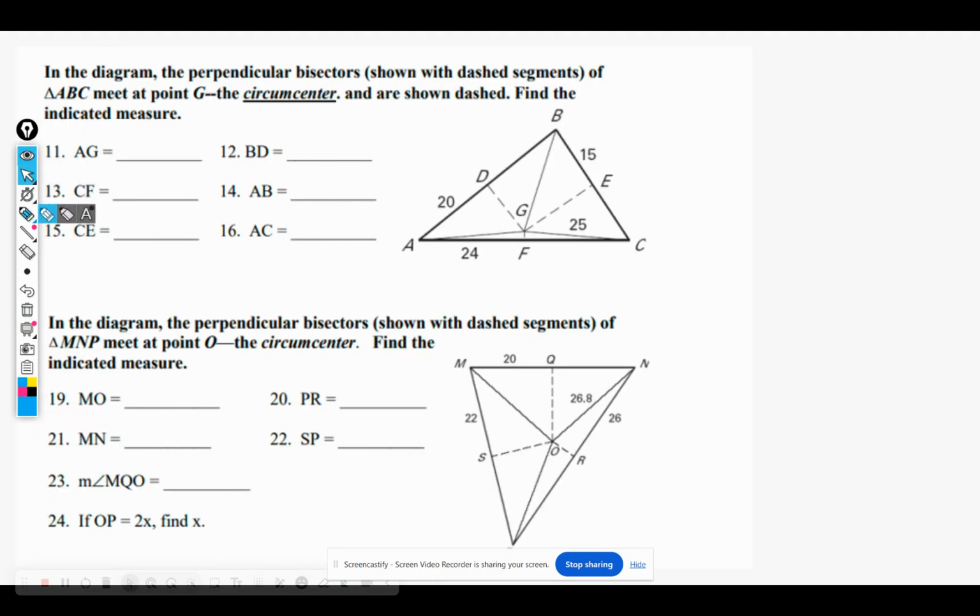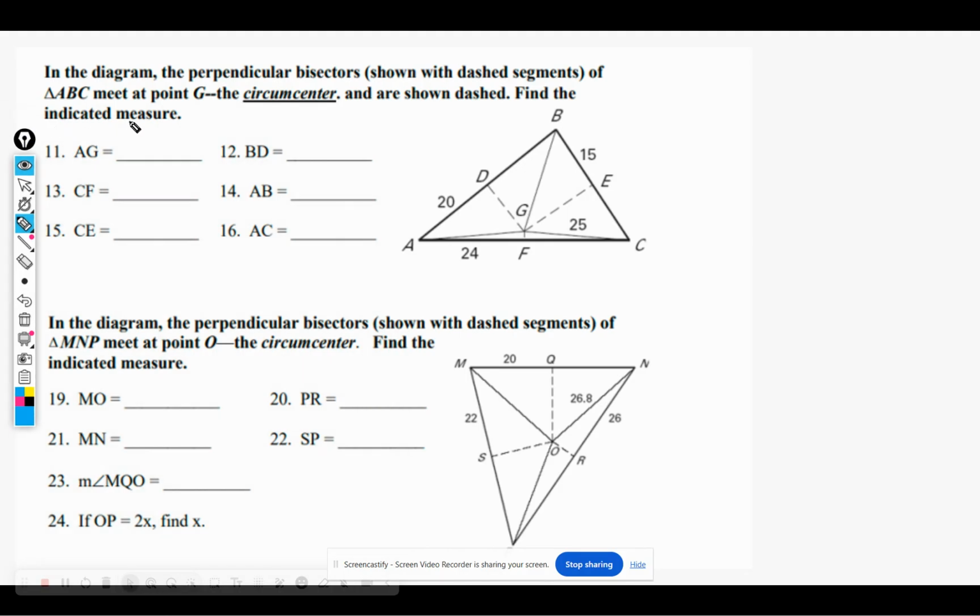All right, solving some of the problems. It says in the diagram, the perpendicular bisectors shown with the dashed segments of the triangle ABC meet at point G, the circumcenter, and are shown dashed. Find the indicated measure.